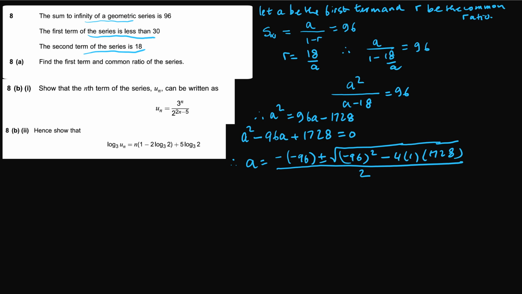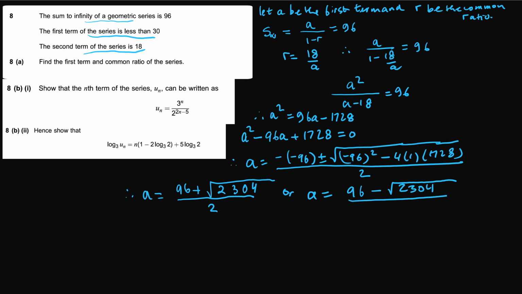Then we should get two values of a: a equals 96 plus the square root of this term under the root, which works out to 2304, over 2, or a equals 96 minus the square root of 2304 over 2.